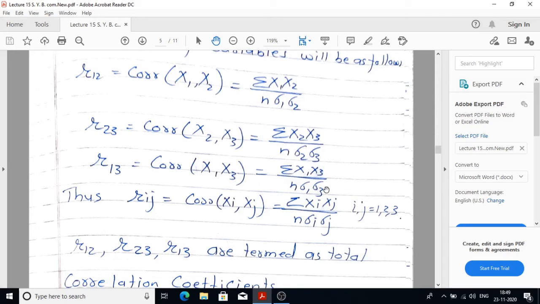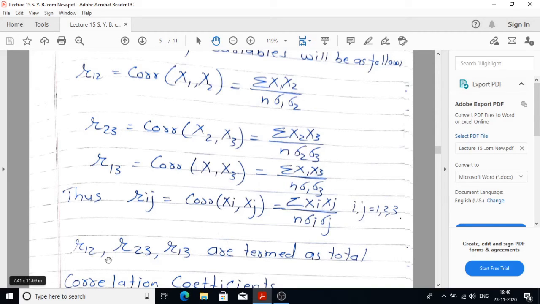So the generalized formula, rij, the correlation coefficient between xi and xj, can be written as summation xi xj divided by n into sigma i sigma j. i and j can take values from 1, 2, 3.